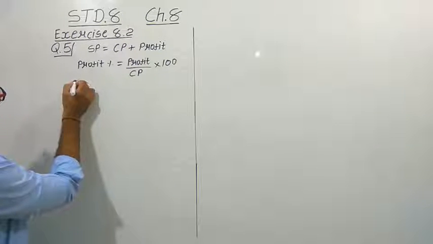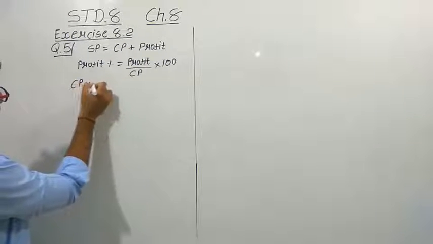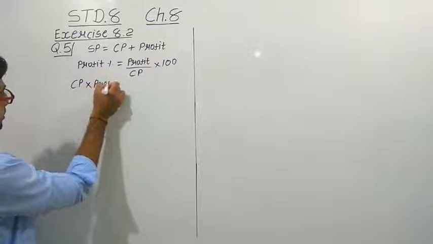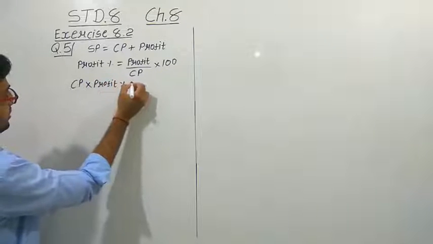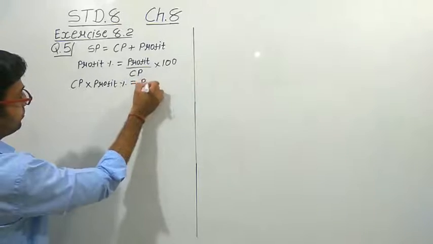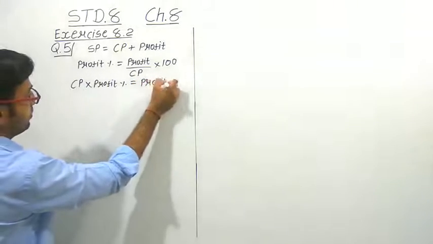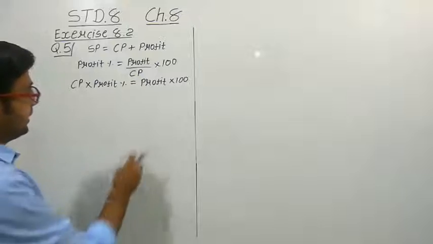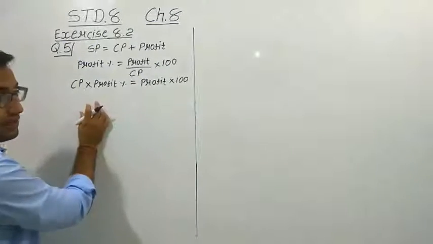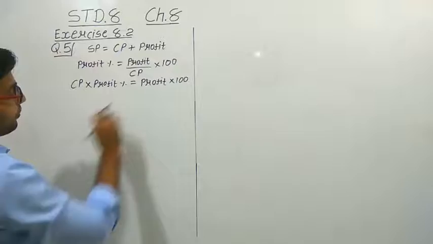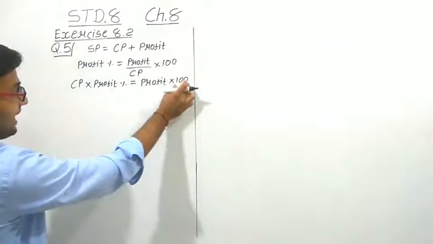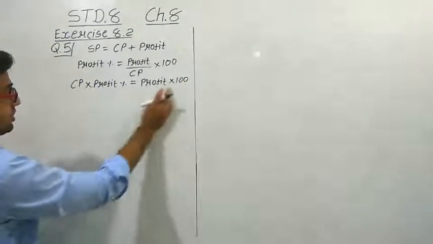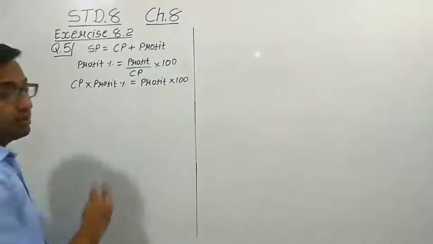So here we get CP multiplied by profit percentage is equal to profit into 100. Okay, now take this 100 to the left hand side. Here we require only the profit, so 100 will go in the denominator because 100 is in multiplication with profit.